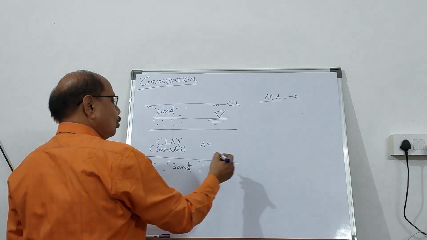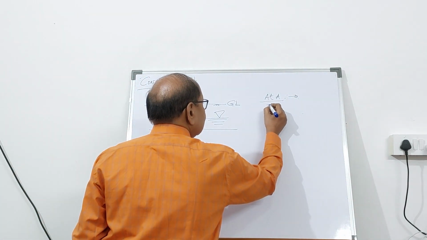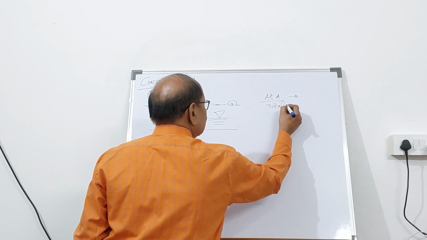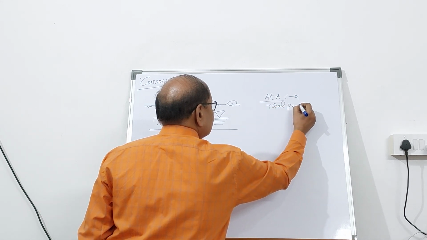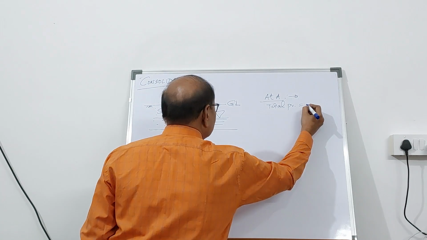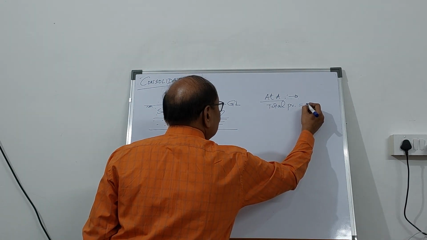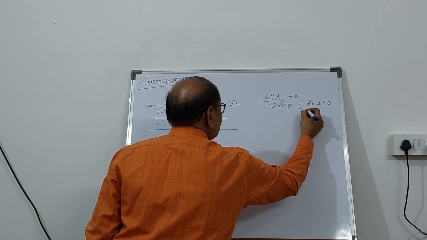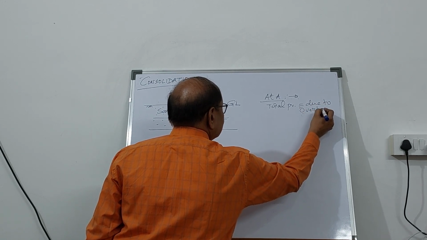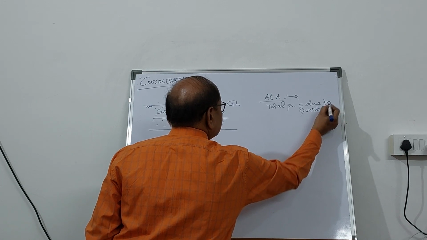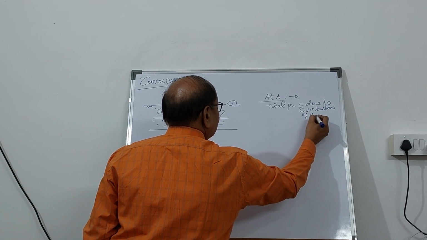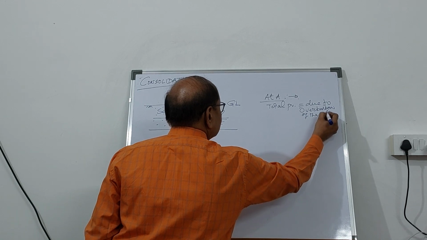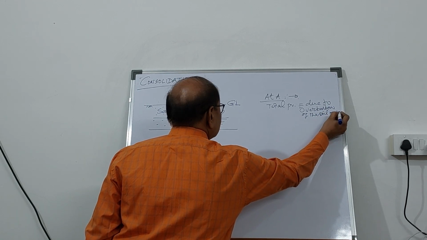So at A, the total pressure is going to be due to the overburden of the soil mass.